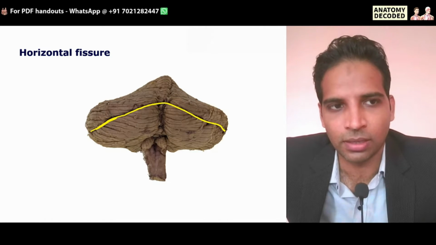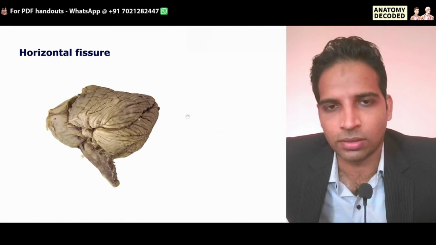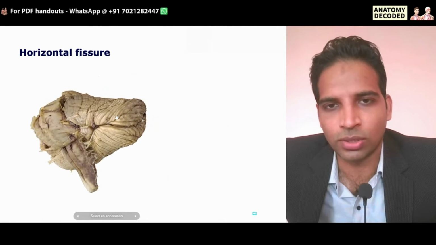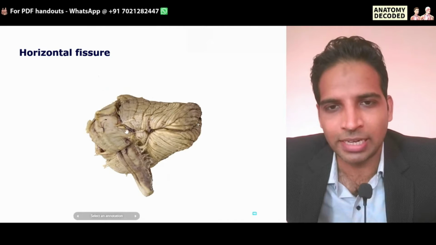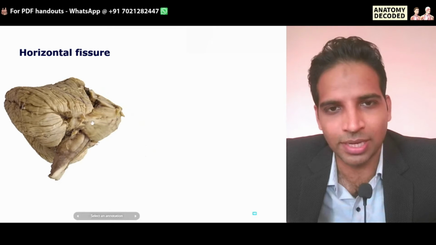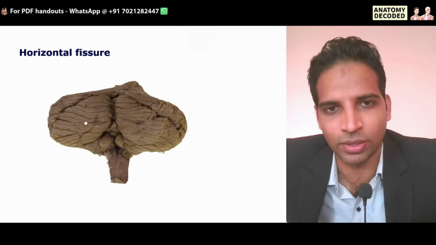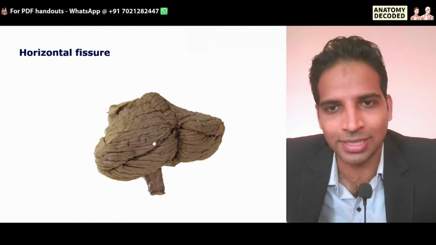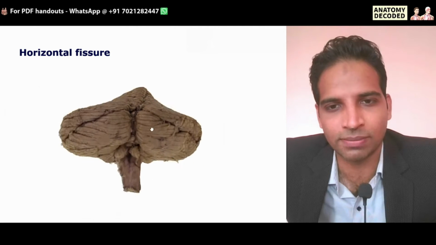Okay, so to identify the horizontal fissure, identify the middle cerebellar peduncle, and there is a fissure in line with it, that is the horizontal fissure. So trace it and then you will be able to trace it with the other sided middle cerebellar peduncle. Okay, so that's the horizontal fissure that separates the superior surface from the inferior surface. Okay, superior and inferior surface are separated by the horizontal fissure.